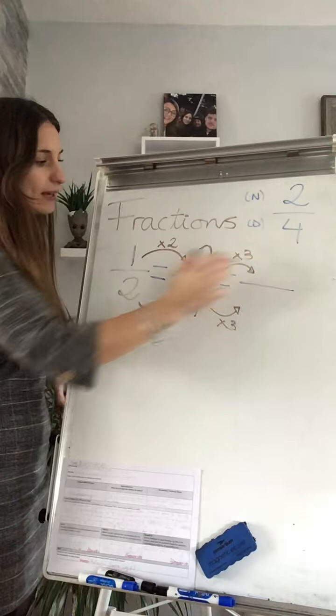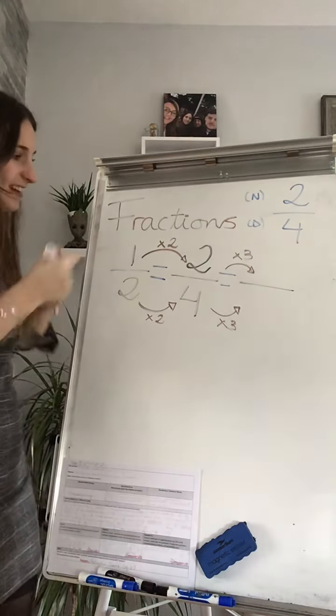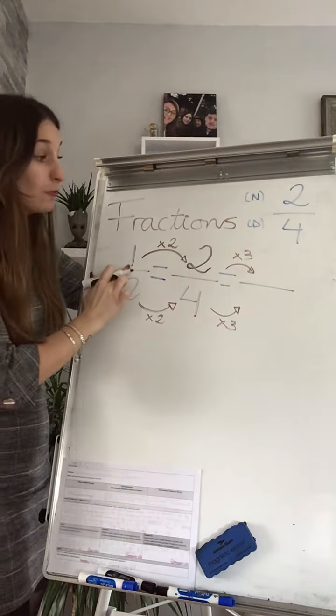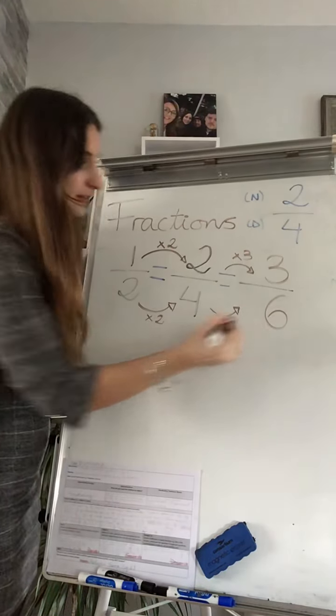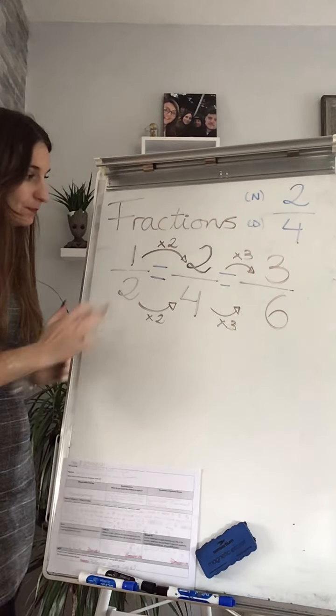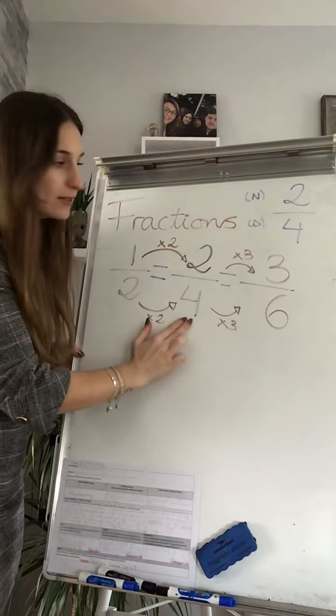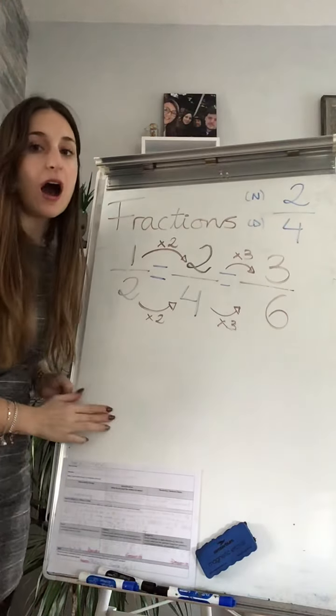So what would you get in there? What do you think? Let's try. 1 times 3 is 3. 2 times 3 is 6. That means that 1/2, 2 quarters, and 3/6 are the same.